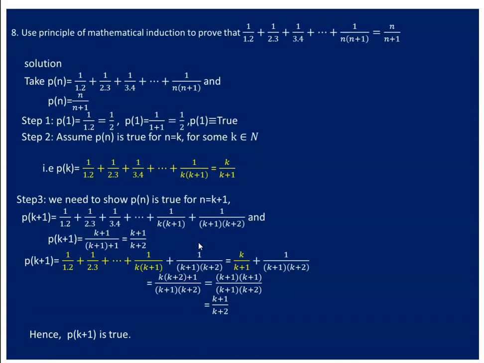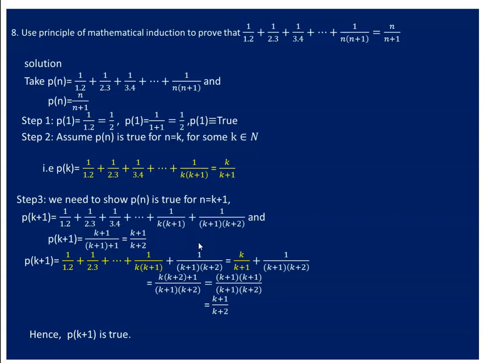Now remember, the principle of mathematical induction uses 3 steps. Step 1, step 2, and step 3. In the first step, we check for the first number and obtain that to be true, because P of 1 is true. In the second step, we assume that the statement is true for up to a certain natural number k, and we have assumed that.